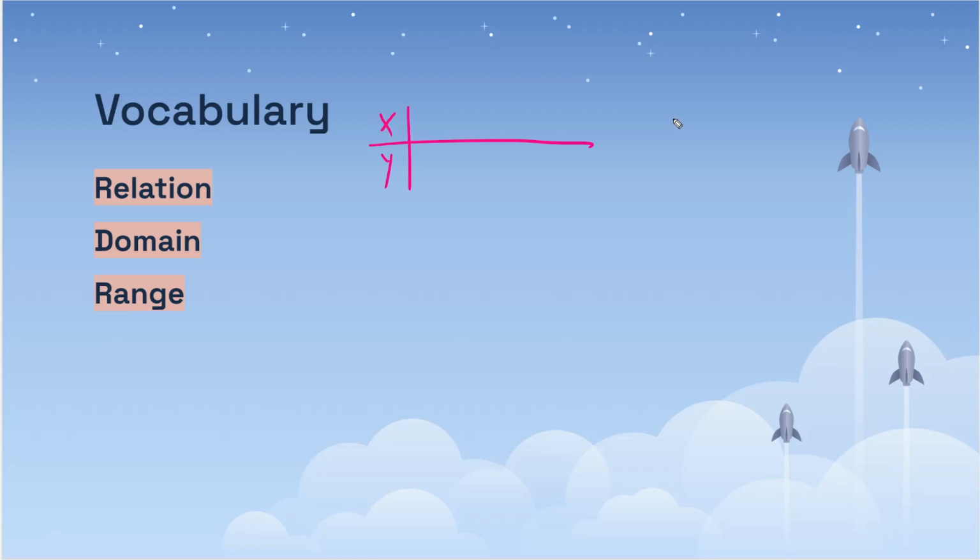Our taxi is going to be y is the total cost, and x is the number of kilometers driven.